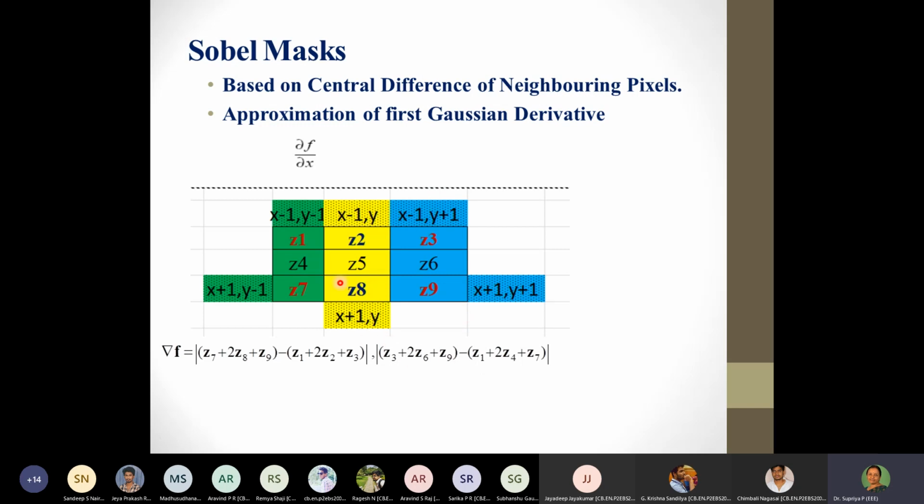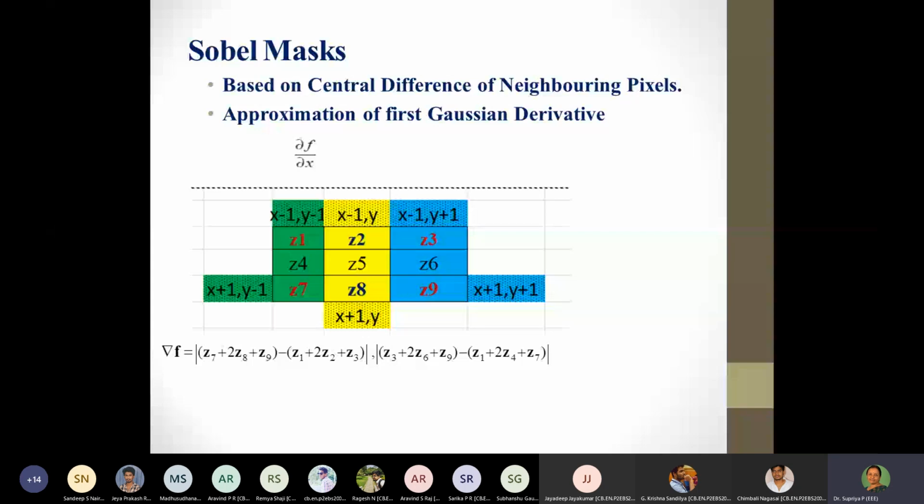Similarly, for ∂f/∂x also, though we have considered it individually, this would be z7, since it's the central element, this is 2 into z8, it is shown in blue color, plus z9 minus z1, not z2, it is 2z2 plus z3. This would be the value of ∂f.